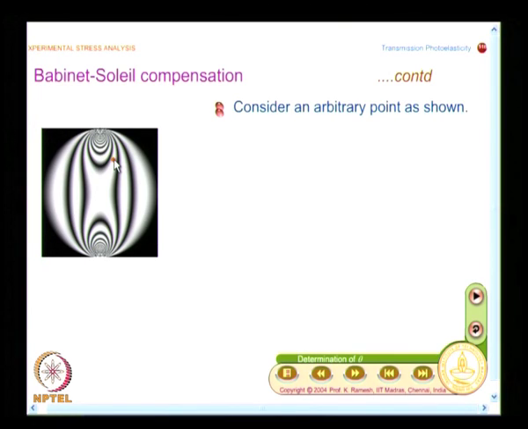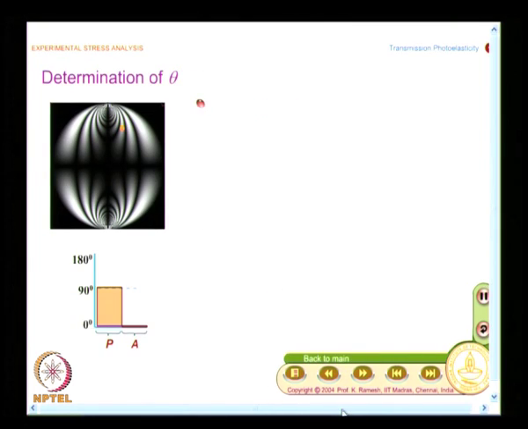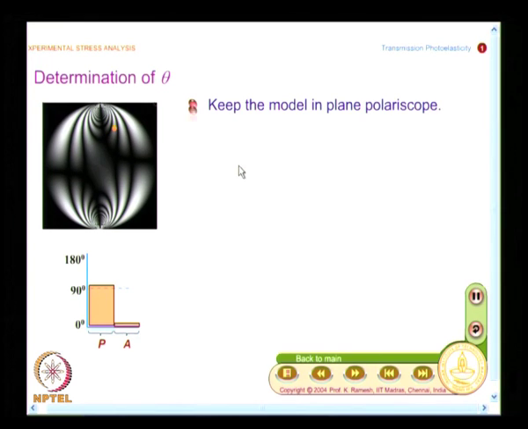So, what you have here is I need to find out the fringe order at this point of interest. The moment I go for any compensation technique, I need to know the isoclinic angle at the point of interest. And how do I get the value of theta? For this point we have already seen, I am just recapitulating it.